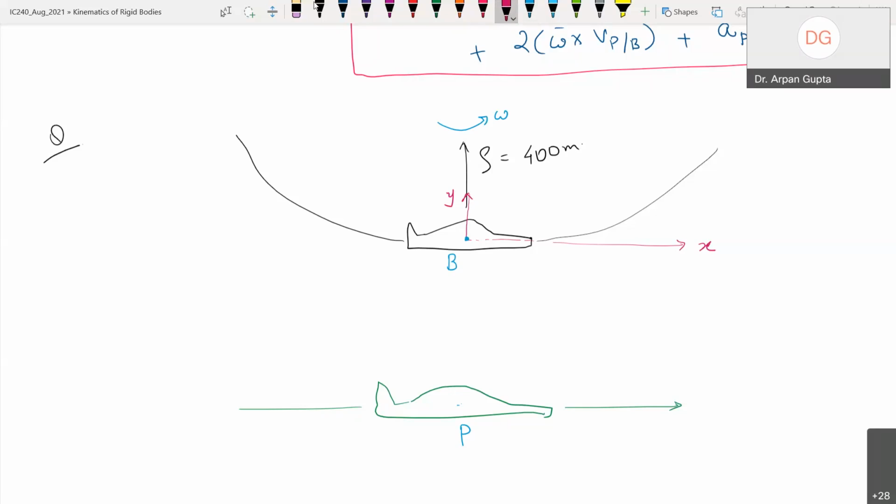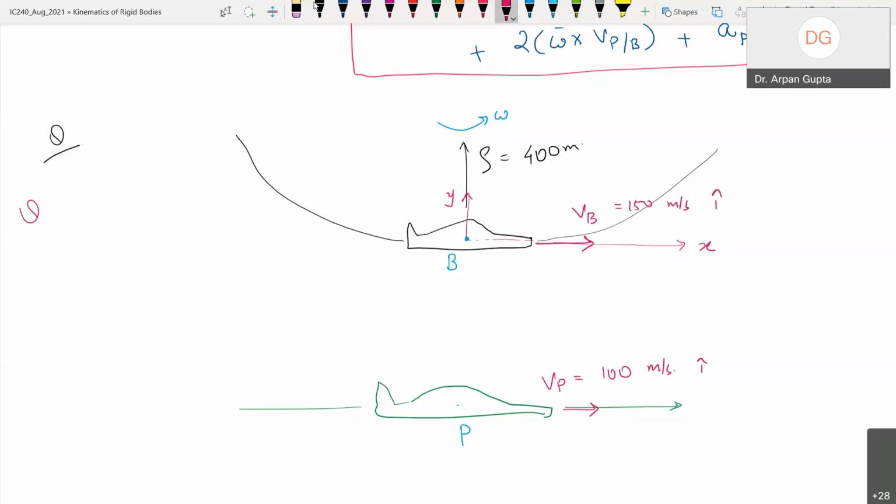This plane P is moving with a velocity of 100 meters per second, and the velocity of plane B is again horizontal. Both are moving horizontally with respect to the ground at this instant, and this one is 150 meters per second. Let us put this as I cap, and this is also I cap. So both velocities are given to us.